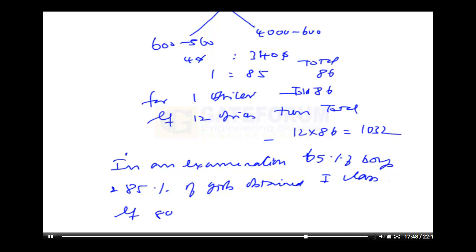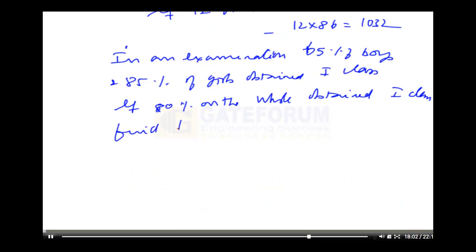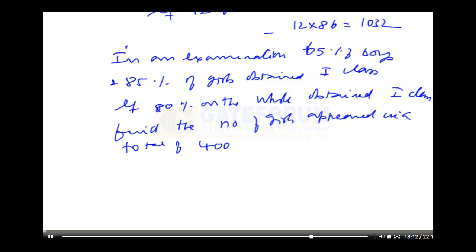If 80% on the whole obtained first class, find the number of girls appeared, a total of 400 students.